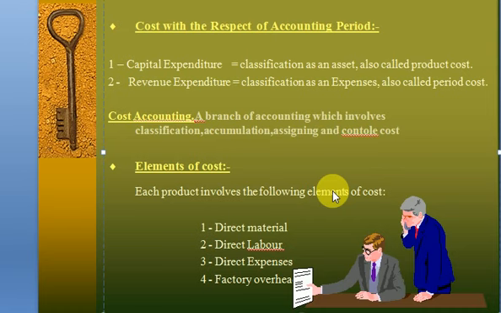Expenses are overheads, so direct expenses and indirect expenses. The sum of indirect expenses, indirect labor, and indirect material combined is called overhead cost. One by one we are now going to explain the elements of cost.